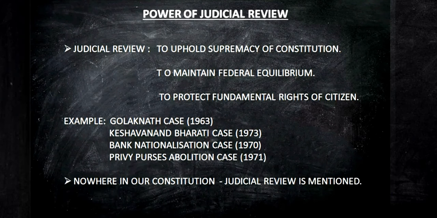To do so, the provision of judicial review has been put in our constitution. And second, to maintain the federal equilibrium, that means neither the state nor the center should have the power to change the constitution in their favor.